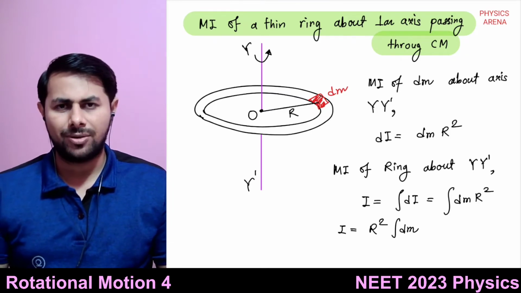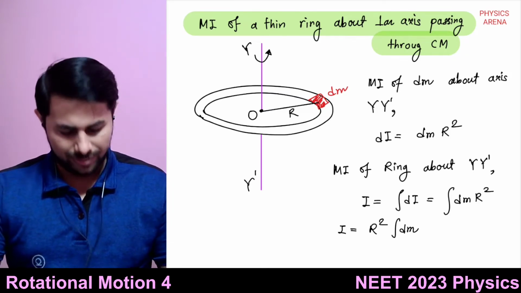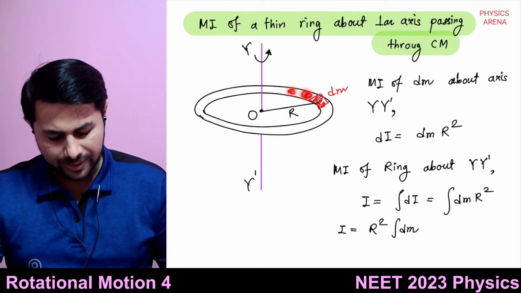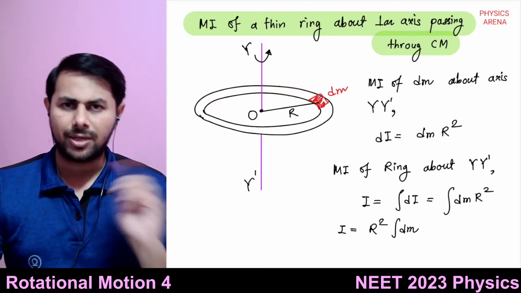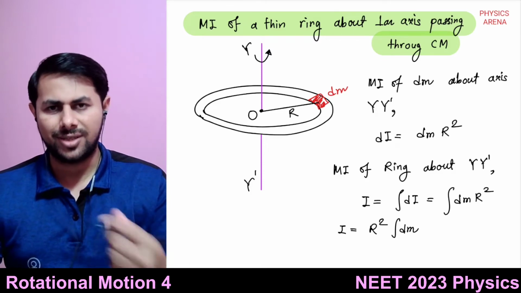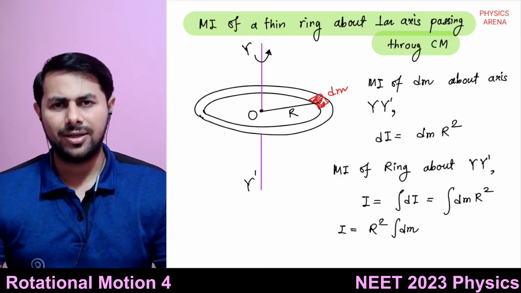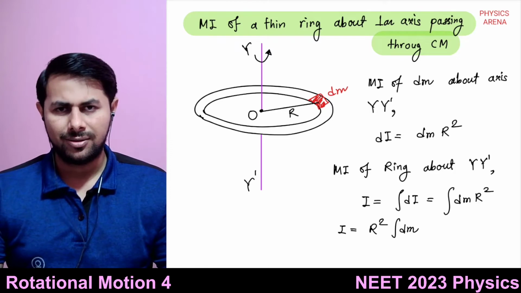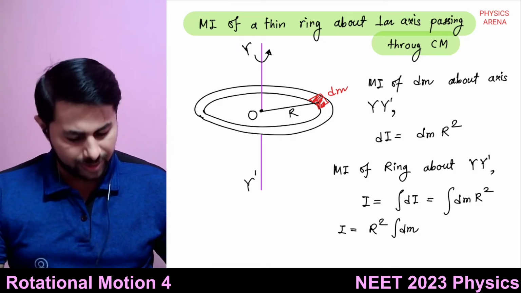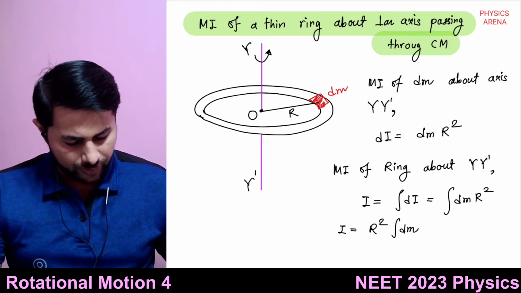And what will be the integral of dm? It will be the sum of all small masses over this ring. If you sum up all small masses over this ring, you will get the mass of the ring.